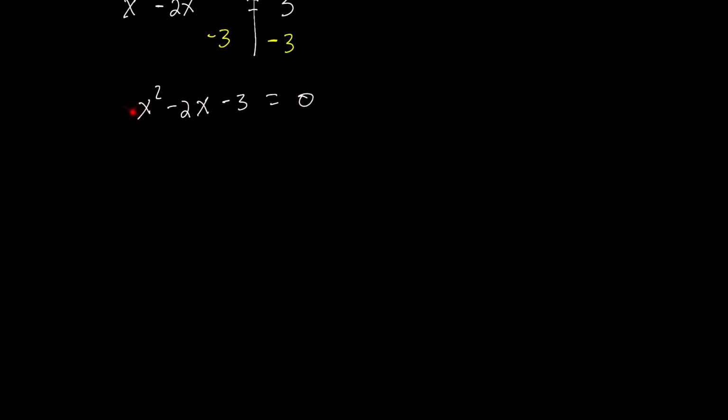And this is a quadratic equation. My leading coefficient is 1, so I can try to use this x method and see if this is factorable. If I can't factor this, then I'm going to use the quadratic formula. But right now, I need to try to find two numbers that are going to multiply to negative 3, but at the same time, those two numbers are going to add to negative 2.